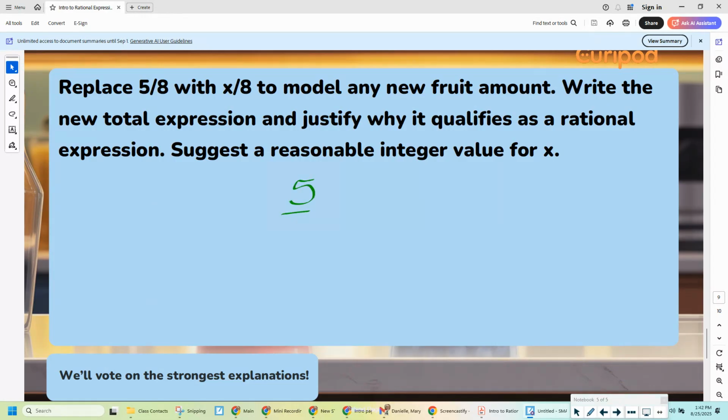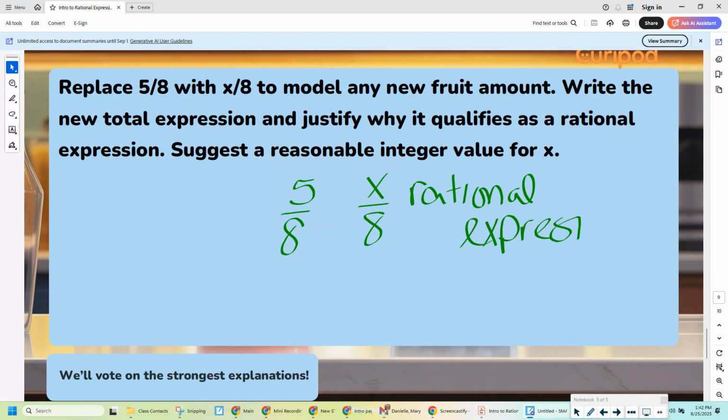So instead of 5/8, we have x over 8. So we have an unknown variable. This is now called a rational expression. This is a fraction. This is a rational expression because it has a variable in there.